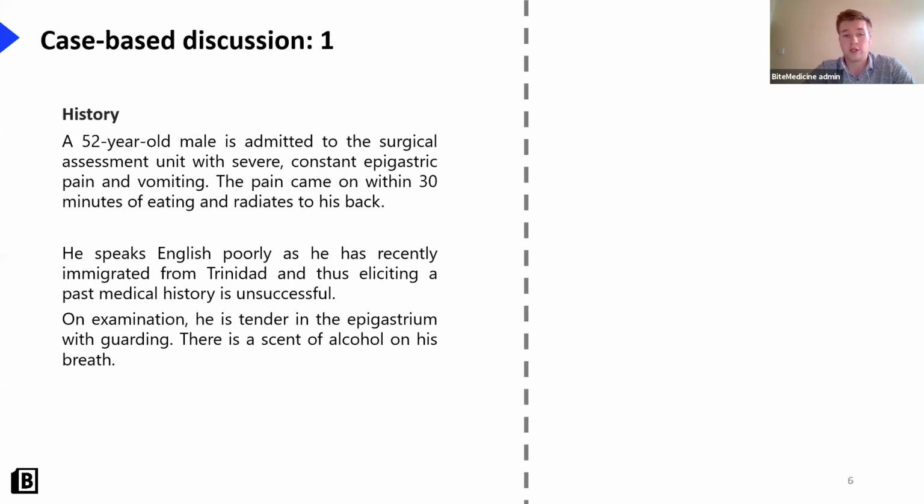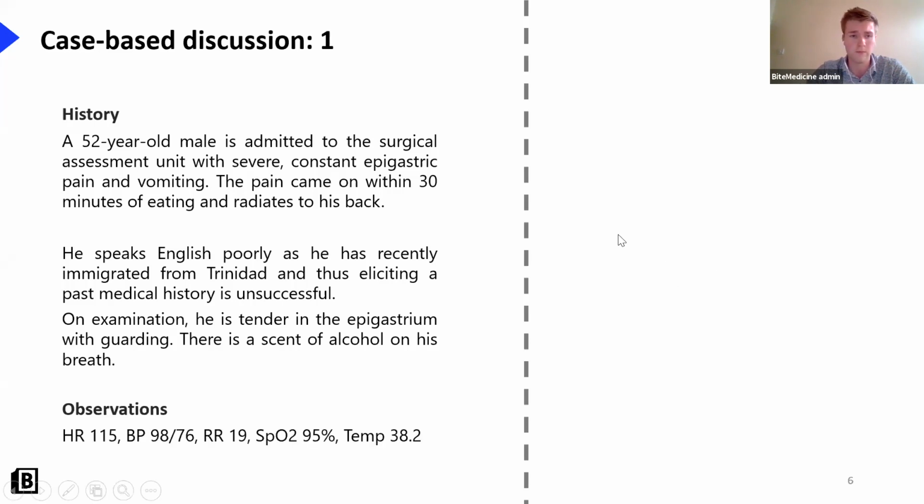But on examination, you find that he is tender in the epigastrium with guarding, and there is a scent of alcohol on his breath. For observations, you see that he has a heart rate of 115, a blood pressure of 98/76, respiratory rate of 19, SATs 95%, and his temperature 38.2.